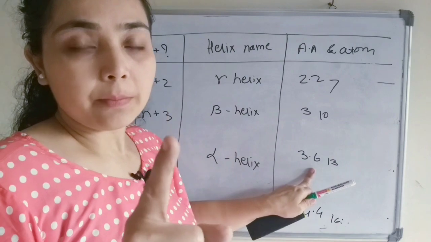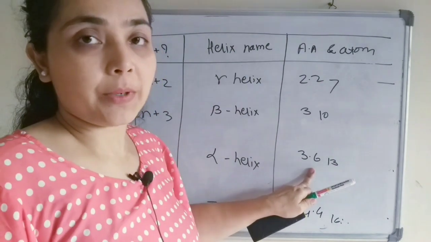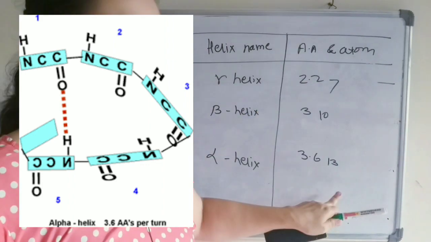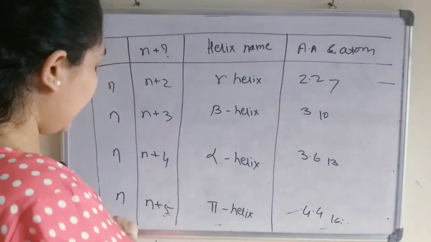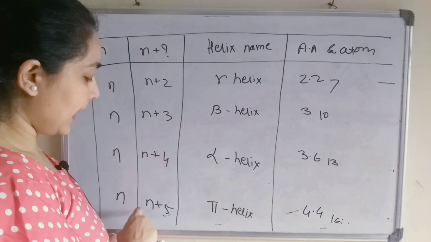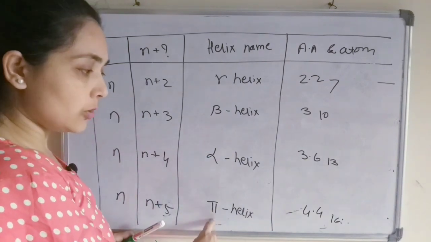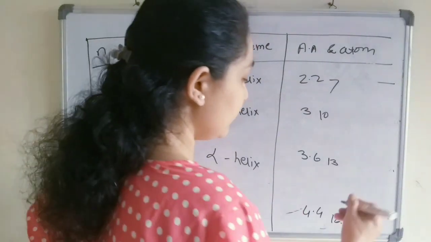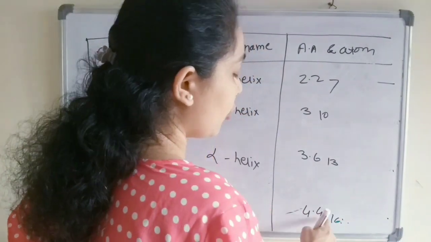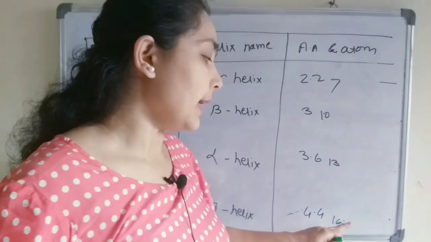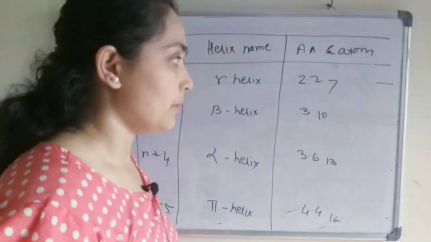The total number of amino acids present in one turn of the alpha helix will be 3.6, and the total number of atoms will be 13. And one more structure is where there is a hydrogen bond formation between N and N plus 5, that is known as a pi helix, with 4.4 amino acids present in one turn and a total of 16 atoms.